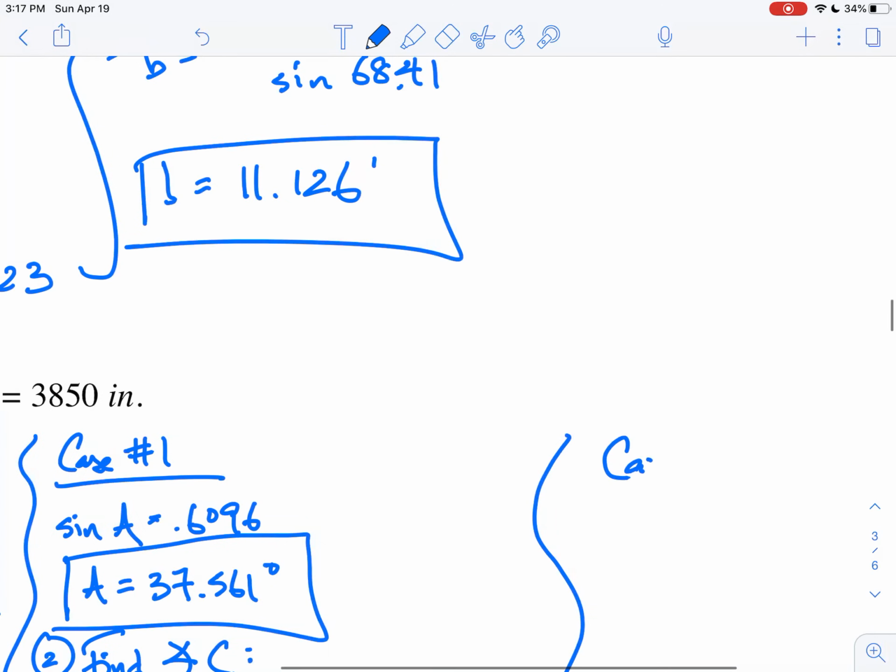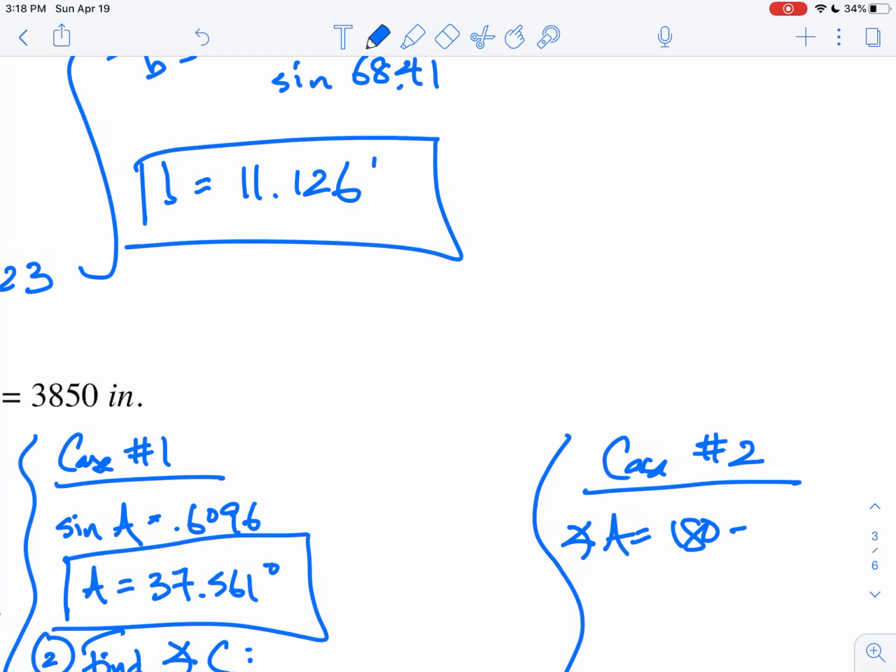Okay? So case number 2, I would do angle A equals 180 minus the one I found, 37.561, which will give me 142.439.